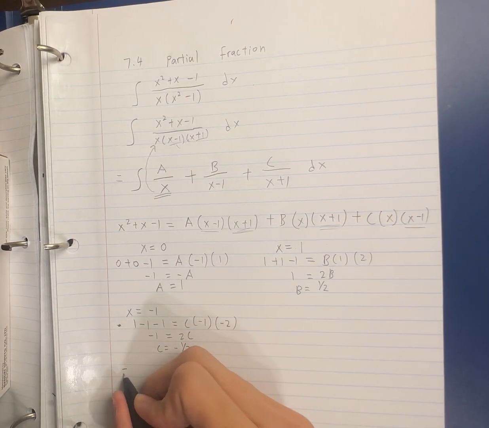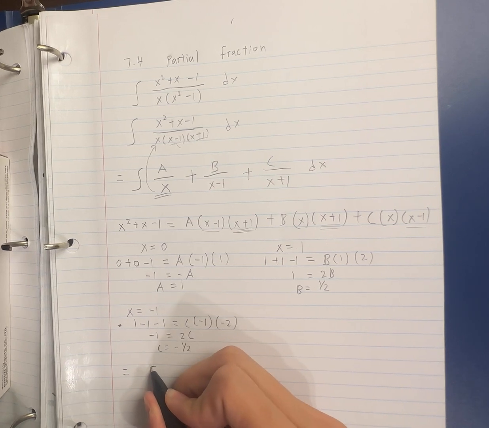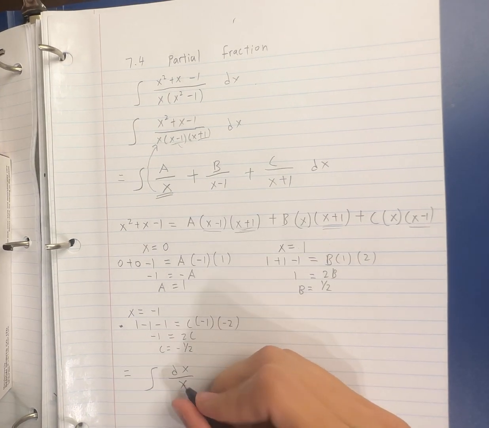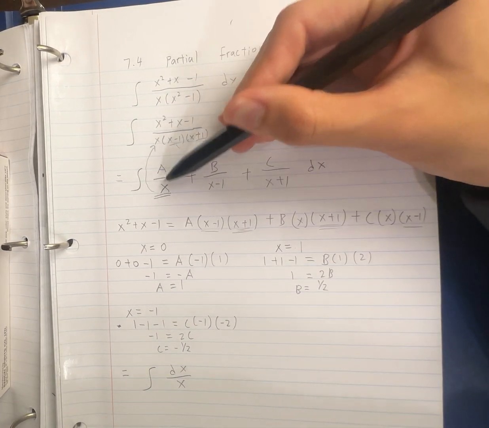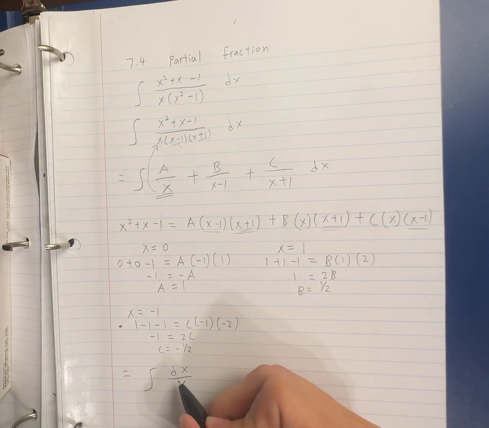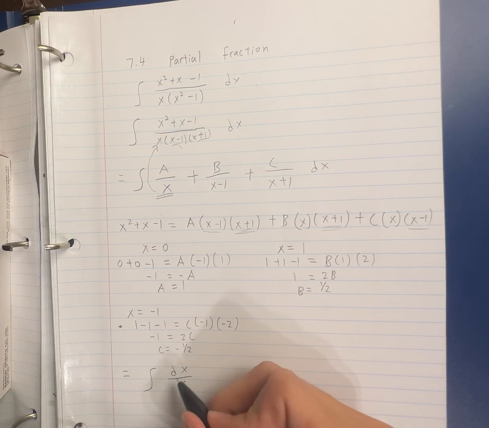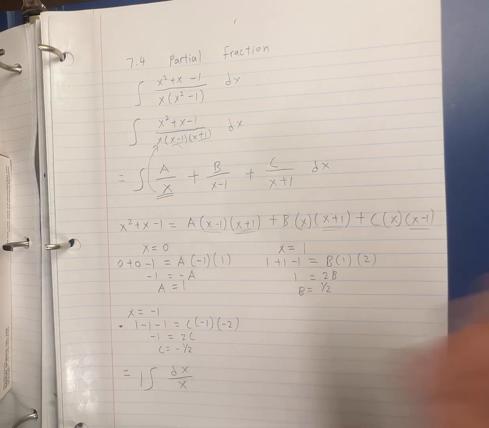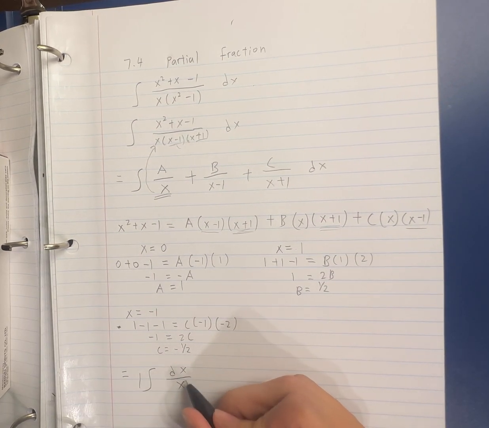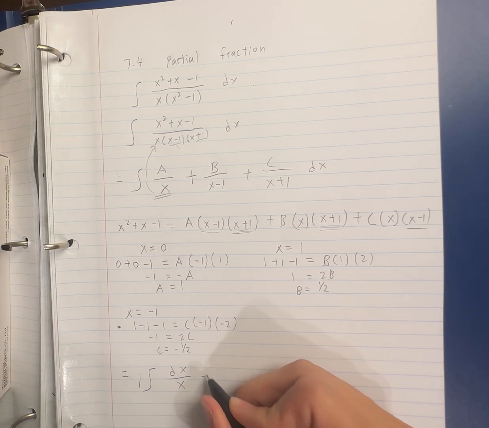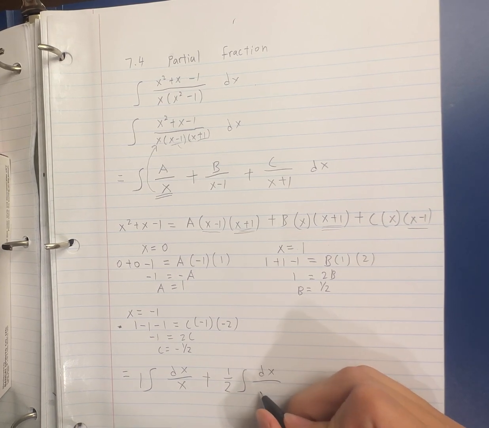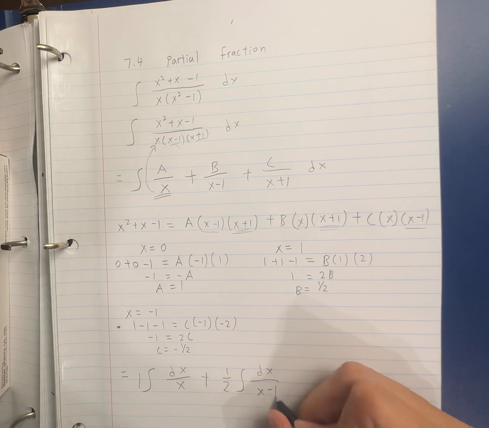Next step, I have dx over x. Look at it over here on the top. We have A over x, and we got A is 1. So basically it could be 1 over x, but since it's 1, you don't really have to write it out. So I have 1 dx over x, plus 1/2 dx over x minus 1.